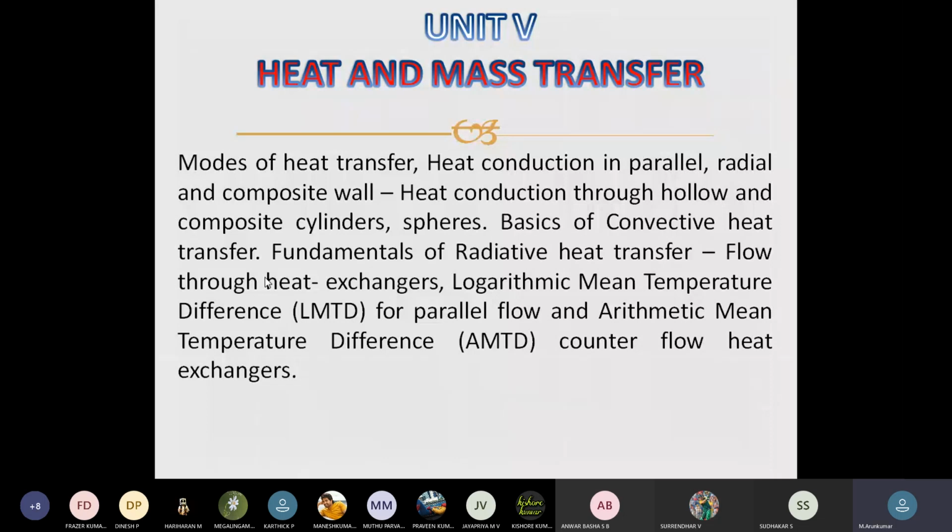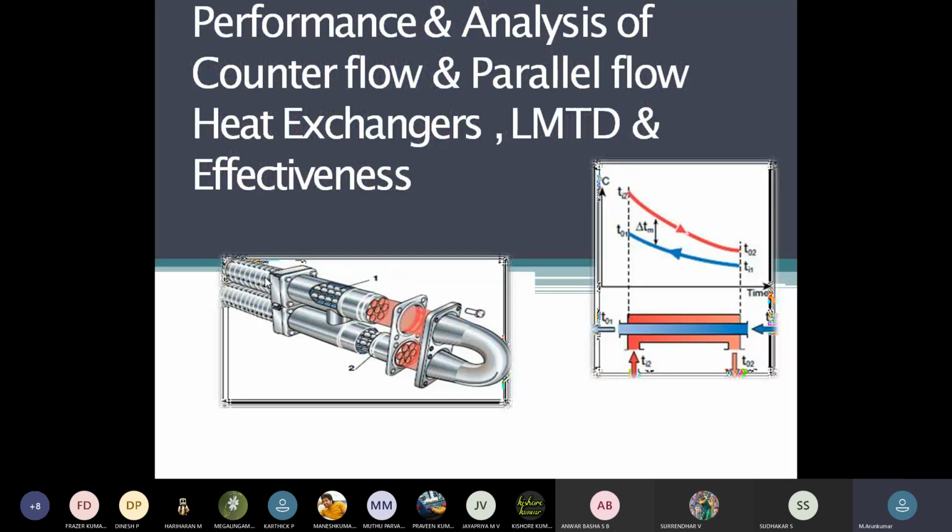So all these we are going to discuss in this class. The performance and analysis of counterflow and parallel flow heat exchangers are also to be discussed. Then LMTD and effective LMTD, AMTD, and effectiveness of the heat exchangers are to be discussed.